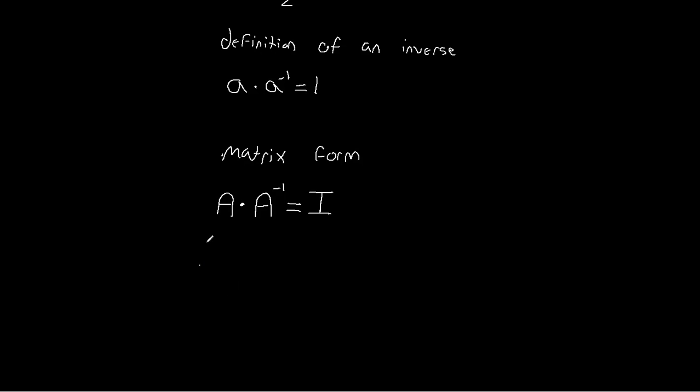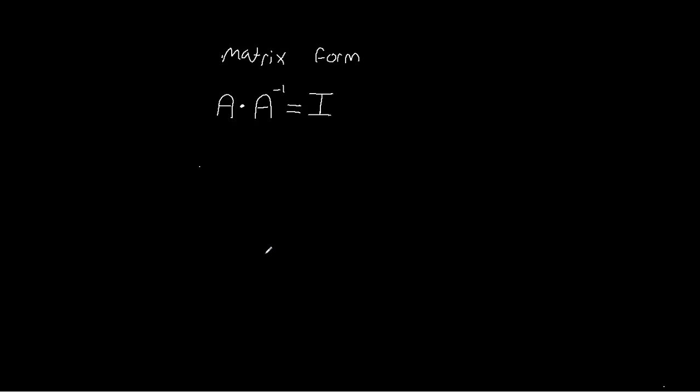Okay? And so to do this, we need to keep in mind this idea of reduced row echelon form that we talked about previously. We obviously need to keep around this idea of the identity matrix, but we also need one more piece. And that's this idea of what's called augmenting a matrix or augmenting matrices.